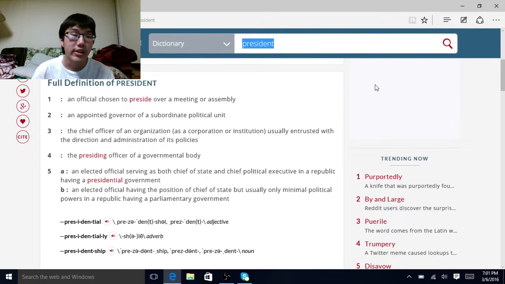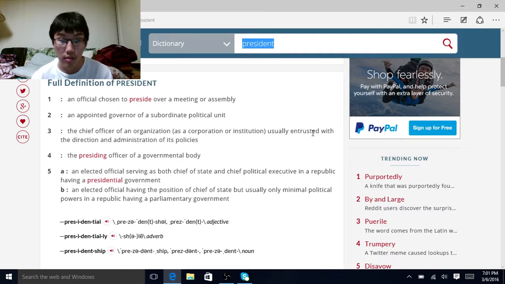An official chosen to preside over a meeting or assembly, an appointed governor of a subordinate political unit, the chief officer of an organization as a corporation or institution, usually entrusted with the direction and administration of its policies, the presiding officer of a governmental body, an elected official serving as both chief of state and chief political executive in a republic having a presidential government, an elected official having the position of chief of state but usually only minimal political powers in a republic having a parliamentary government.